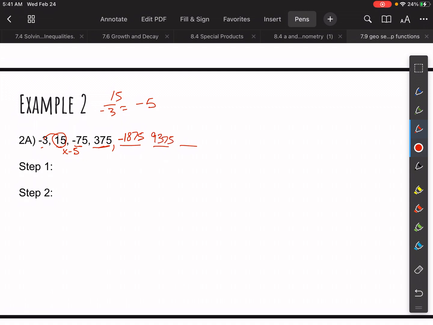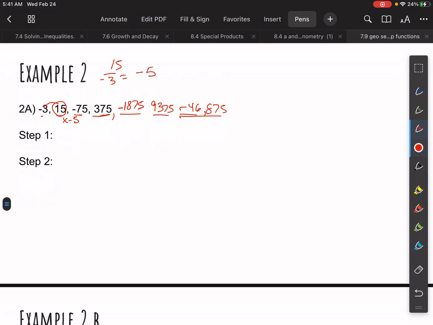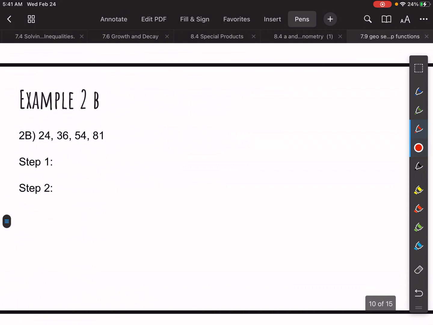Multiply that by negative 5, and I get negative 46,875. Okay, be careful with your directions. I don't know what they're going to have you do. They might have you find the next term or the next 3 terms, something like that, but you're using the pattern to figure out what those would be. 2B, I would like for you guys to try this one out on your own, using the same strategy that I just did.